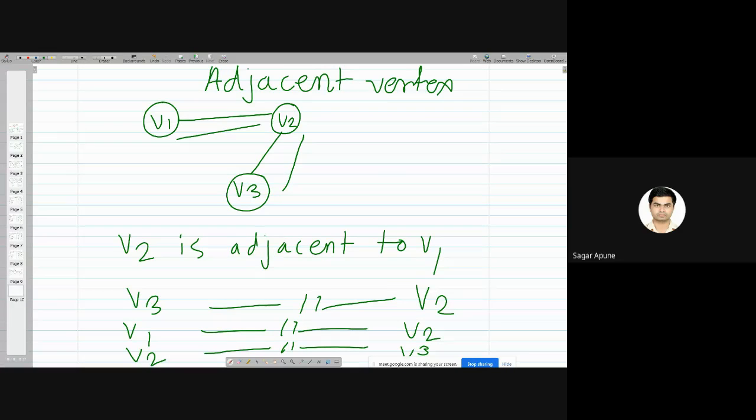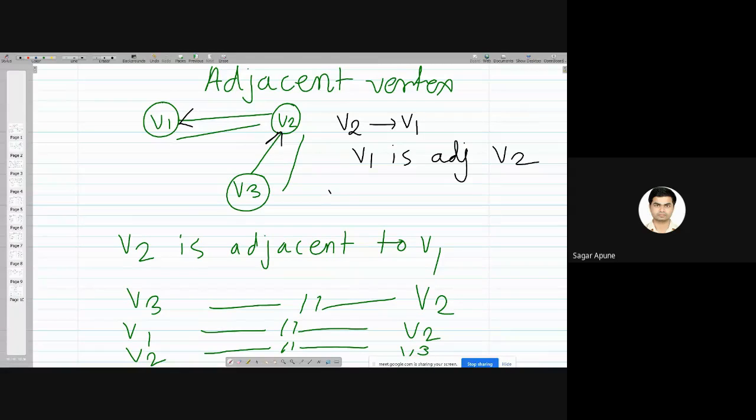So now next is for direction. Suppose direction is there, V2 to V1, V3 to V2. Now tell me who is adjacent. V2 to V1 edge is there for directed, so we can call it V1 is adjacent to V2.